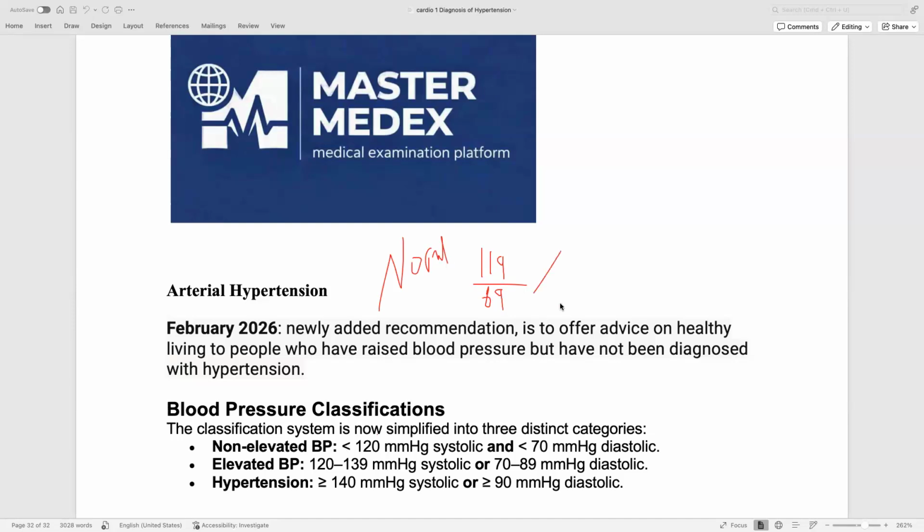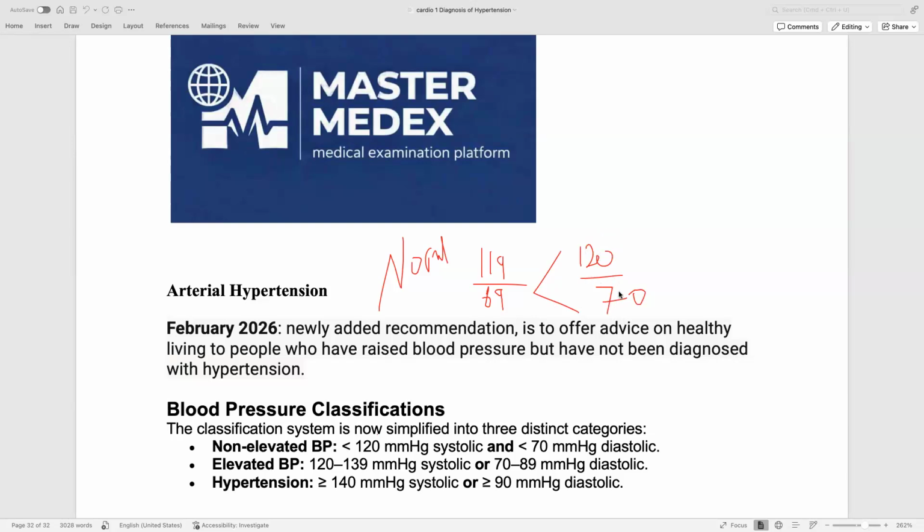That means it is below 120 over 70, below. Not 120, not 70, below. And both, not 121 over 70, over 69.